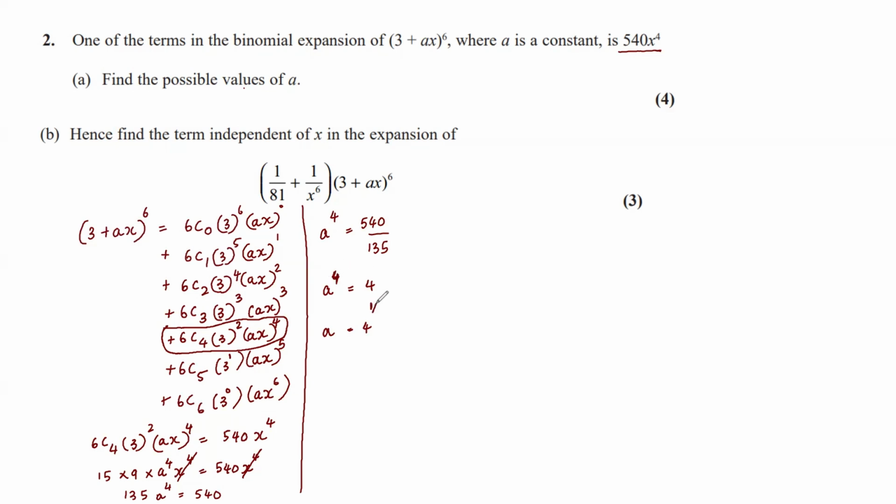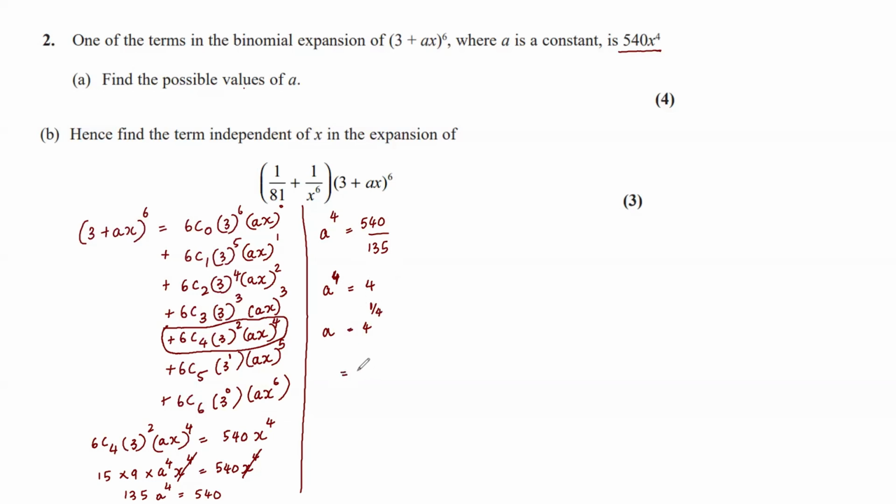It becomes 1 by 4. So a is 4^(1/4). I repeat, when we want to change the side of the power from one side to the other, you just take the reciprocal. 4 means it is 4 over 1. So when you change the side of the power, it becomes 1 over 4.